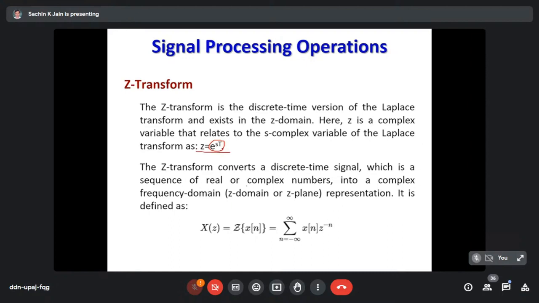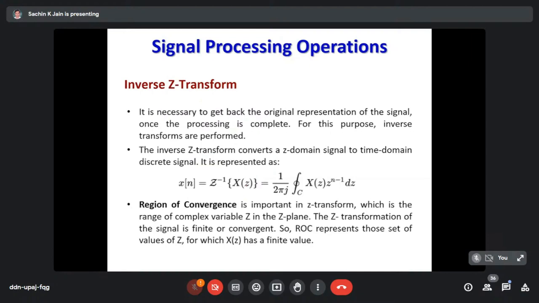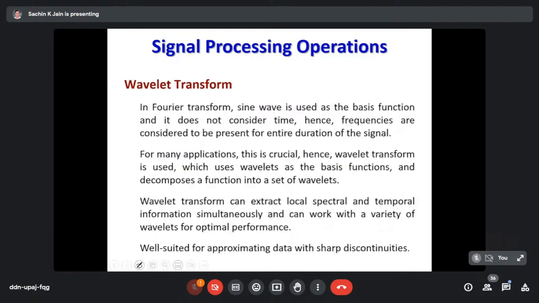So I'm not touching on the Z transform again, because we have to finish, okay, what is wavelet transform and where is it useful? The wavelet transform is useful for, you can say, time frequency resolution, because in a time domain signal you have time, no information about frequency. In Fourier transform you have information about frequency, but information about time is lost.